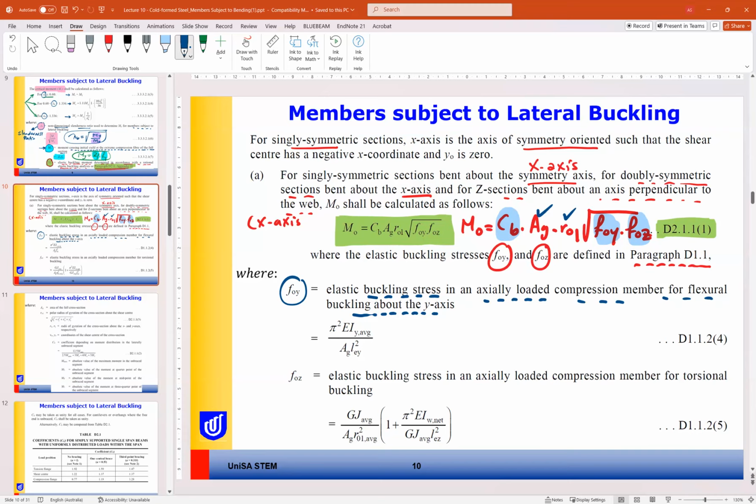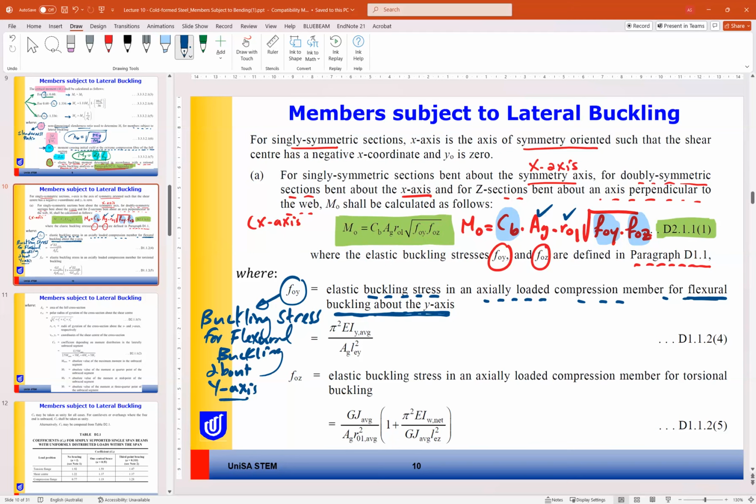So this is the elastic buckling stress for flexural buckling about the y-axis. This is the main thing we need to know. So FOY is the buckling stress for flexural buckling about the y-axis. So that's why it is FOY.